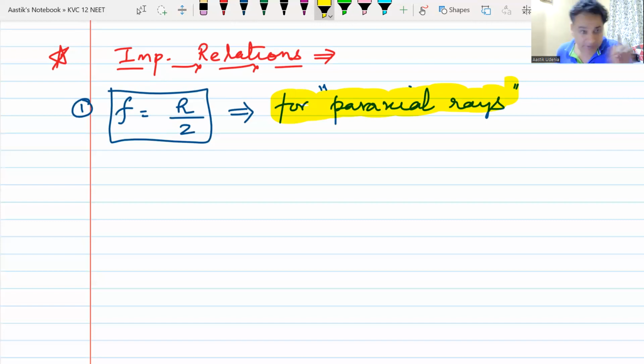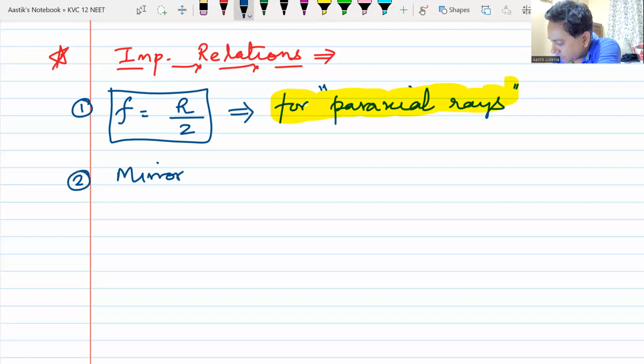f is equal to R by 2. Everyone understand this? Yes or no? Then the second formula is known as the mirror formula. Everyone understands this mirror formula?